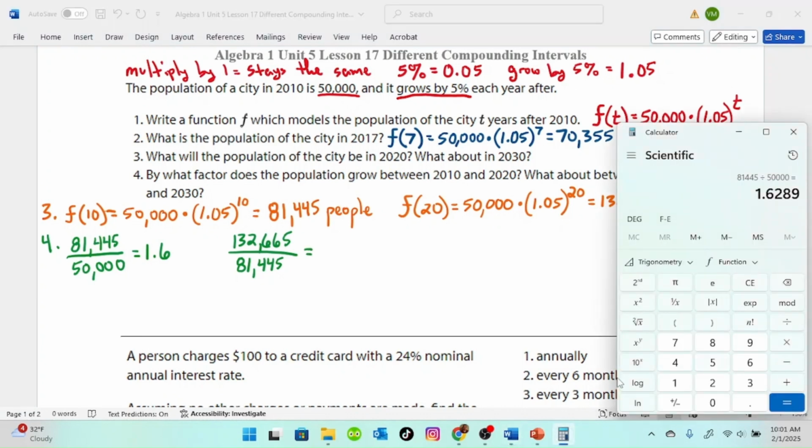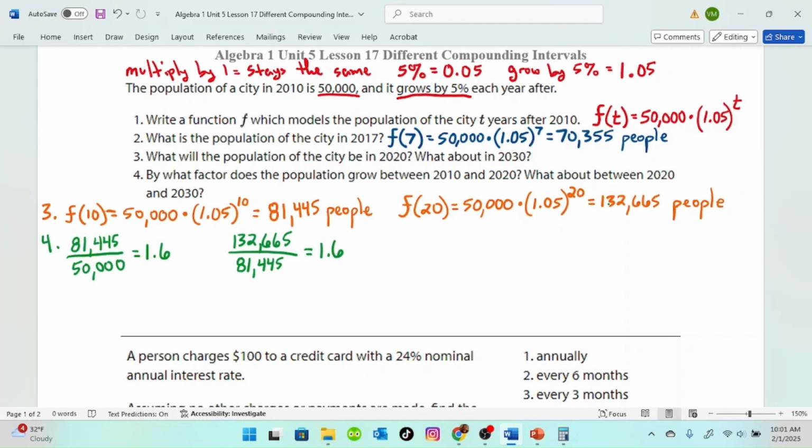We put this into a calculator. 132,665 divided by 81,445, and we get approximately 1.6.